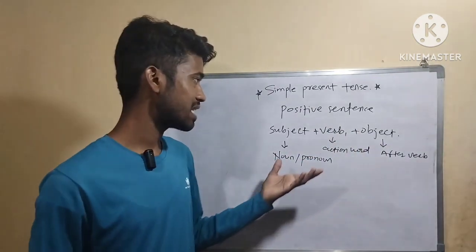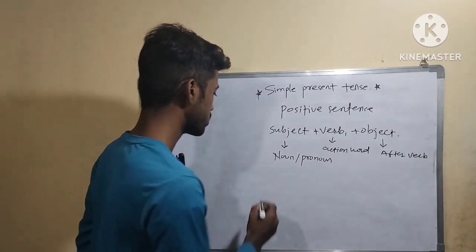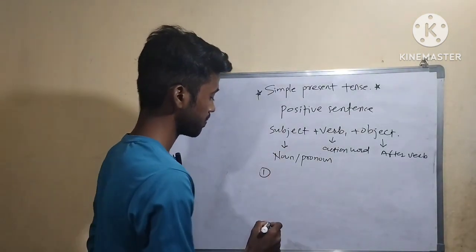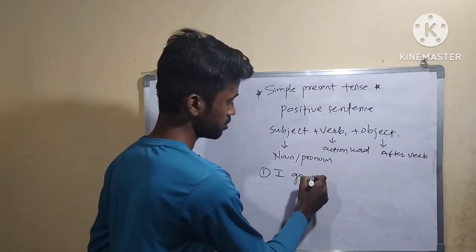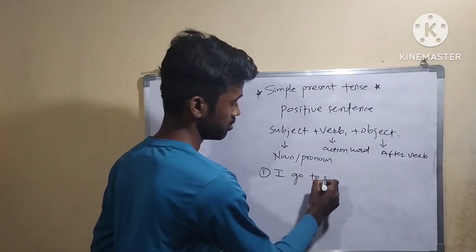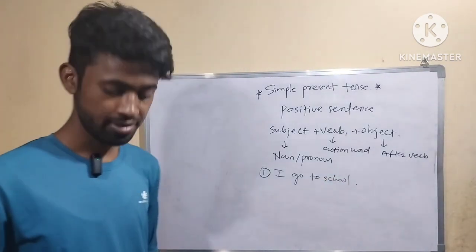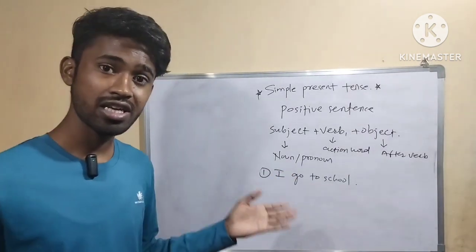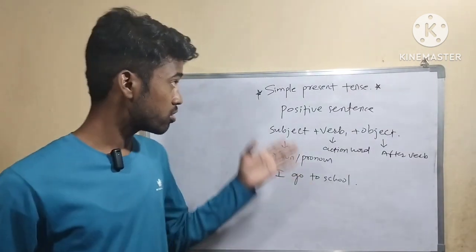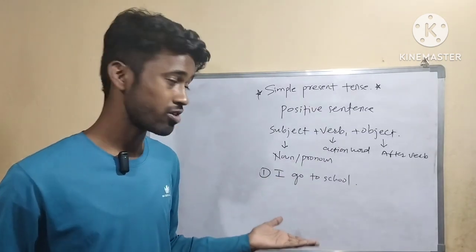Now let's take one example of simple present tense which is positive. So first example. So see, I go to school. This is a very simple example, right? So every day you listen that I go to school. So we discussed first, we use simple present tense to tell the everyday, or you can say regular activities.